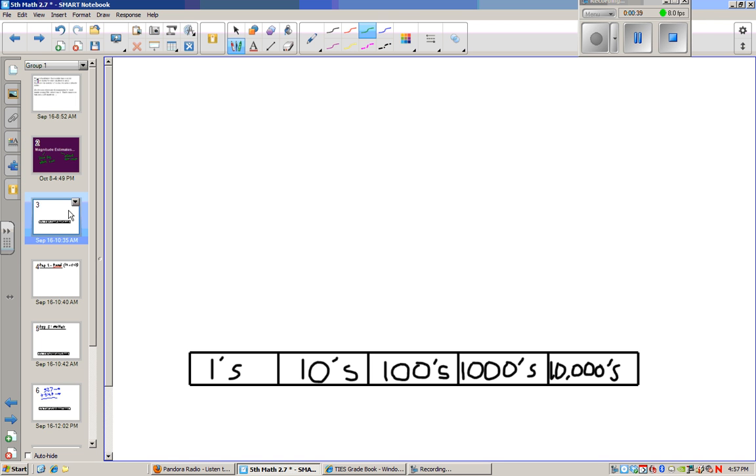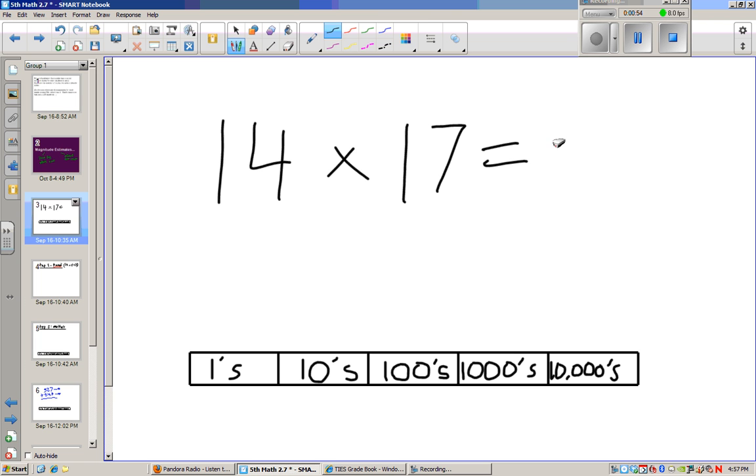Let me give you an example. We're going to be using magnitude estimates mostly for multiplication problems. So I'll set one up here: 14 times 17, and to make it an open number sentence, we'll have that equal x.